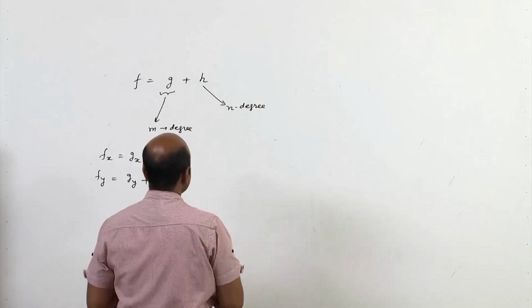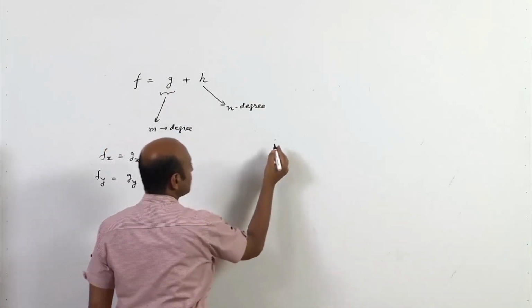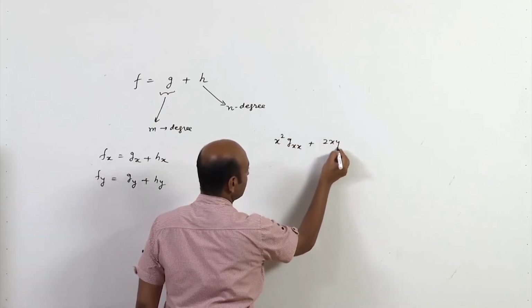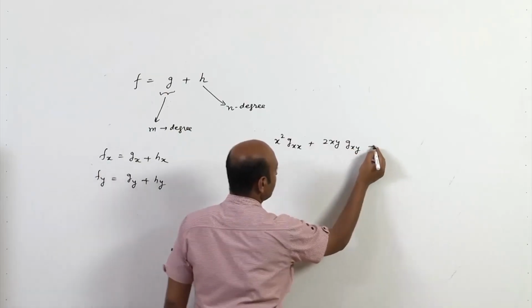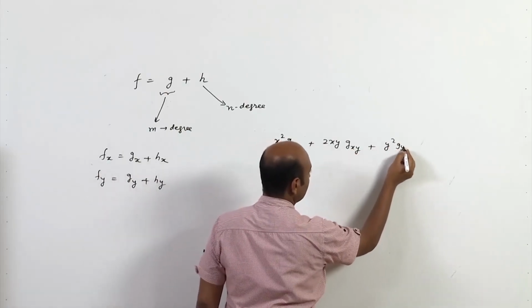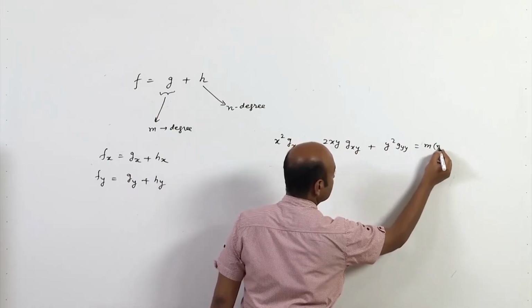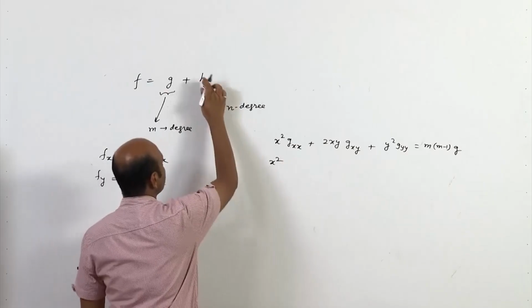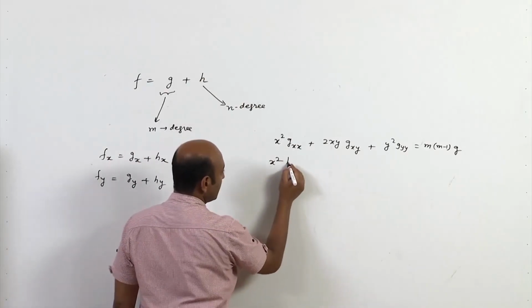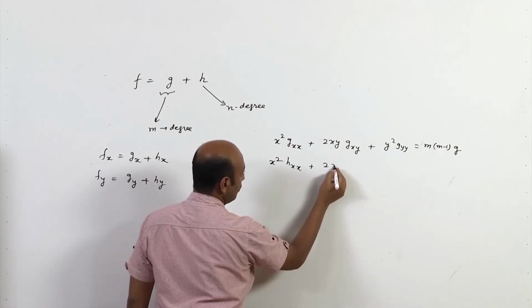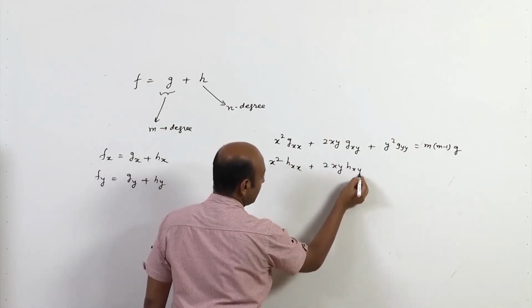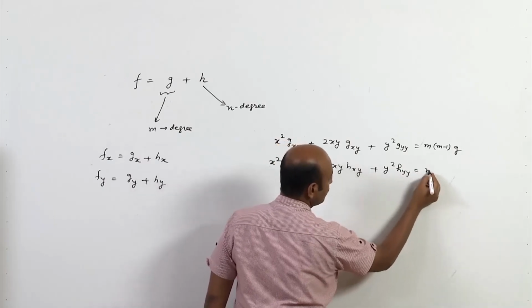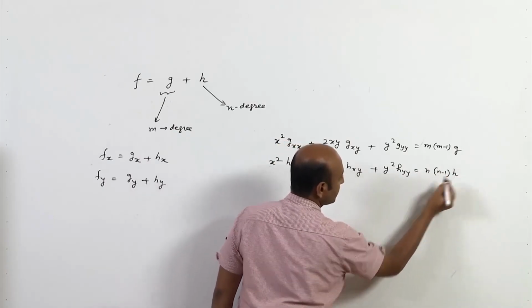Similarly, g is a homogeneous function, so we can say that x square gxx plus 2xy gxy plus y square gyy is m minus 1 into g, and again h is a homogeneous function of degree n, so x square hxx plus 2xy hxy plus y square hyy will be equal to n minus 1 into h.